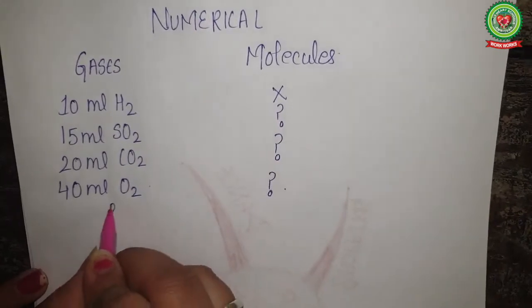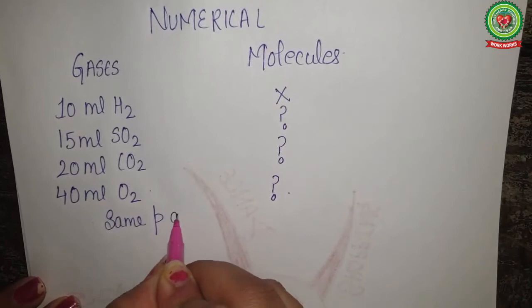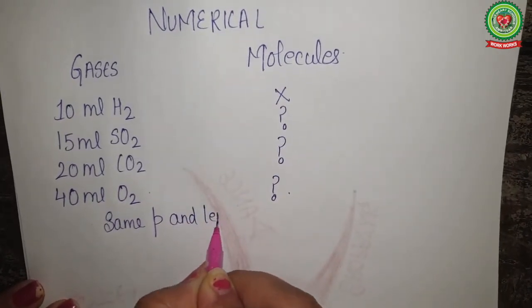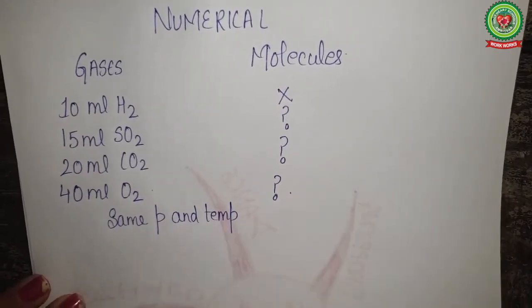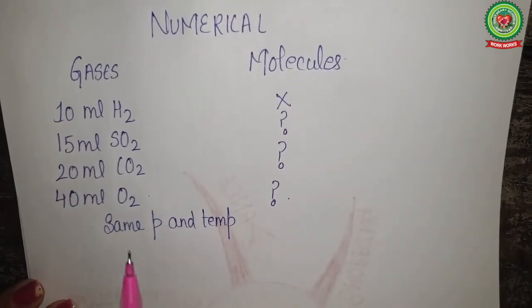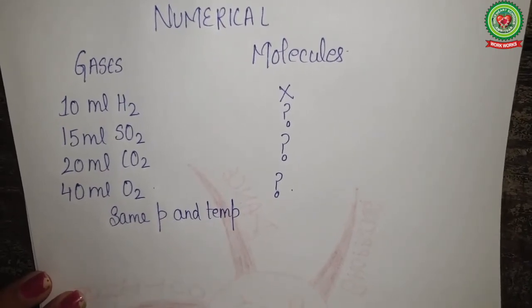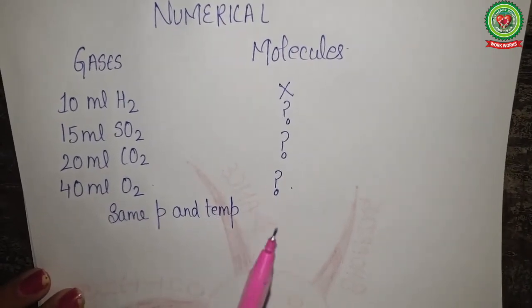All the gases are at the same pressure and temperature, meaning pressure and temperature are constant. We have already studied in Avogadro's law that if pressure and temperature are constant, the number of molecules will also be the same.